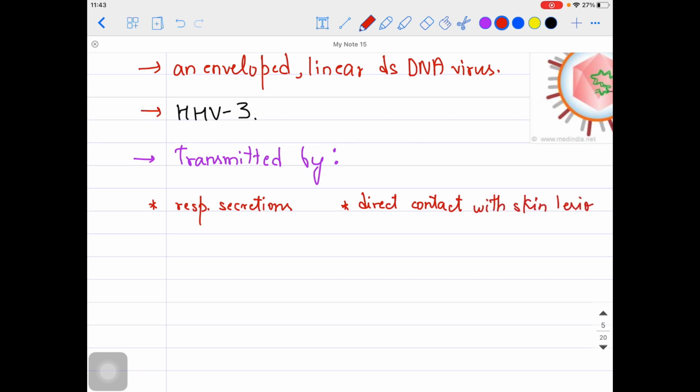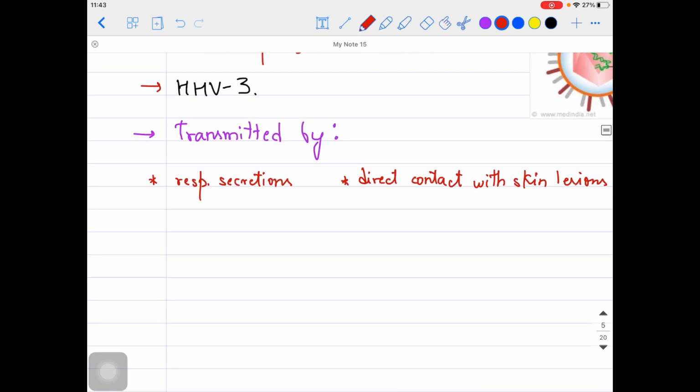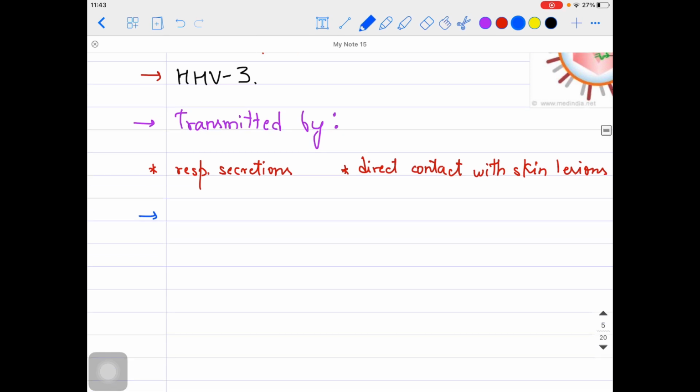Another thing I told you is that the varicella zoster virus can cause chickenpox, basically in the children's age group.